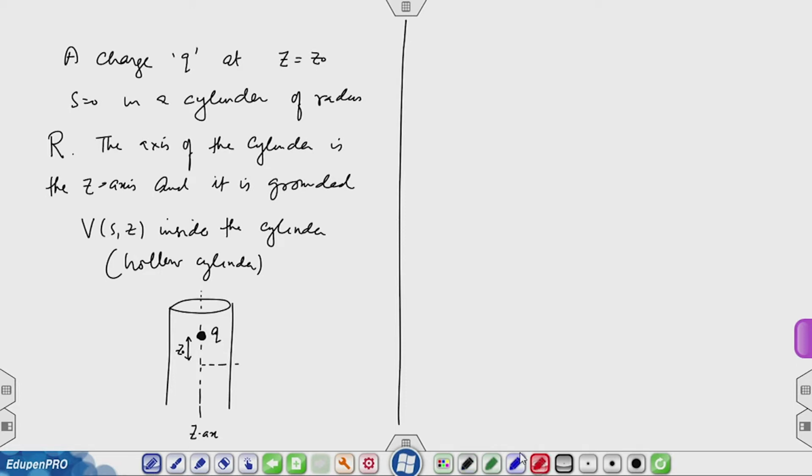The radius of the cylinder is r and it's of infinite extent in both directions. Then we want to understand what the potential is inside, and from that we can always calculate the field. Now this is a symmetrical system, so there is no phi dependence.